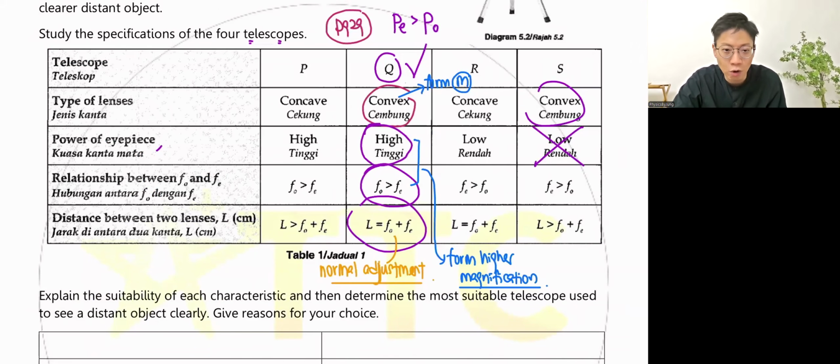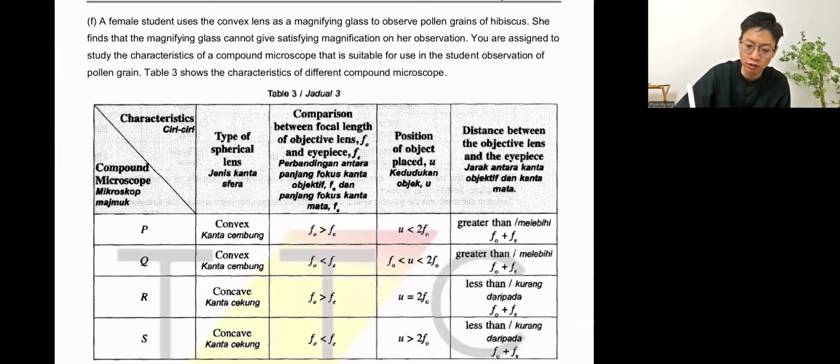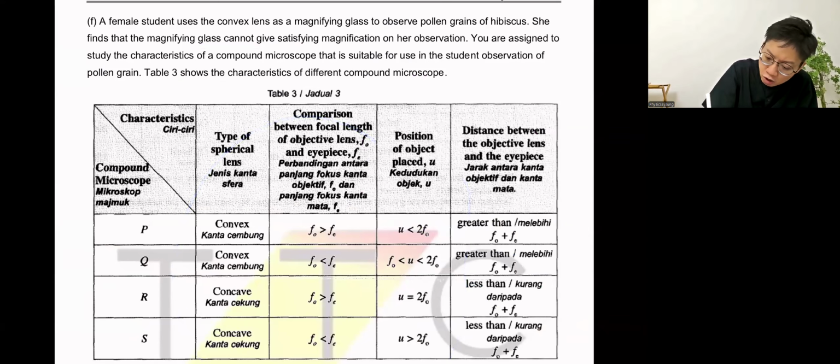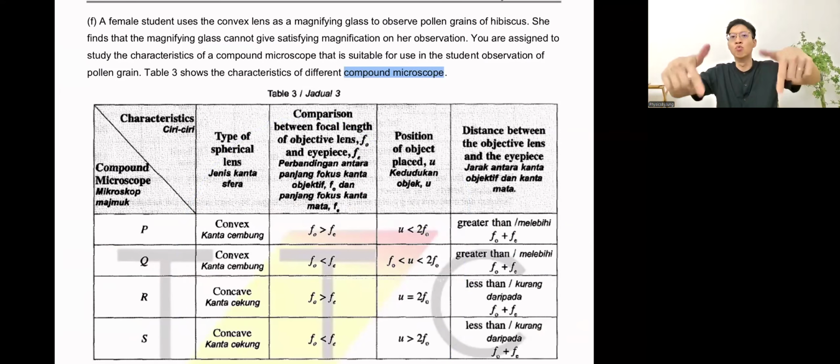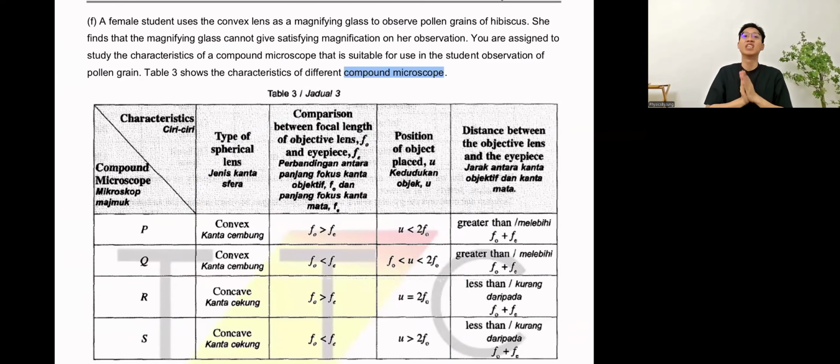It's in one of my older generation books. Guys, you look at the background, the logo is the old generation one. This is a compound microscope. I want you to help me look at this microscope first. Okay, what is your answer? P, Q, R, or S?